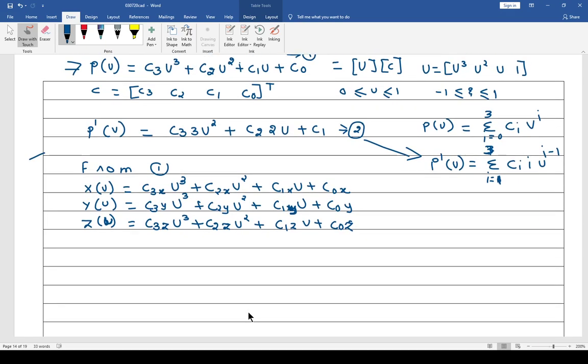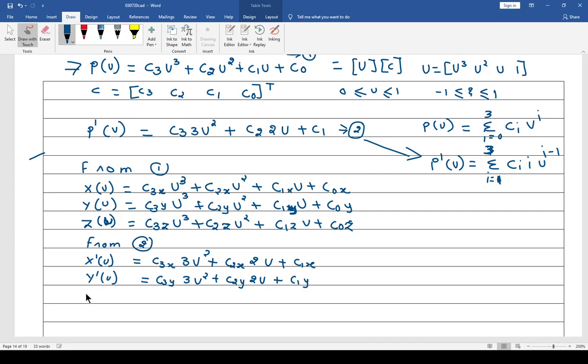Similarly, from equation 2, I could write x dash of u is equal to c3x 3 into u square plus c2x 2 into u plus c1x, and y dash of u is equal to c3y into 3 into u square plus c2y 2 into u plus c1y.